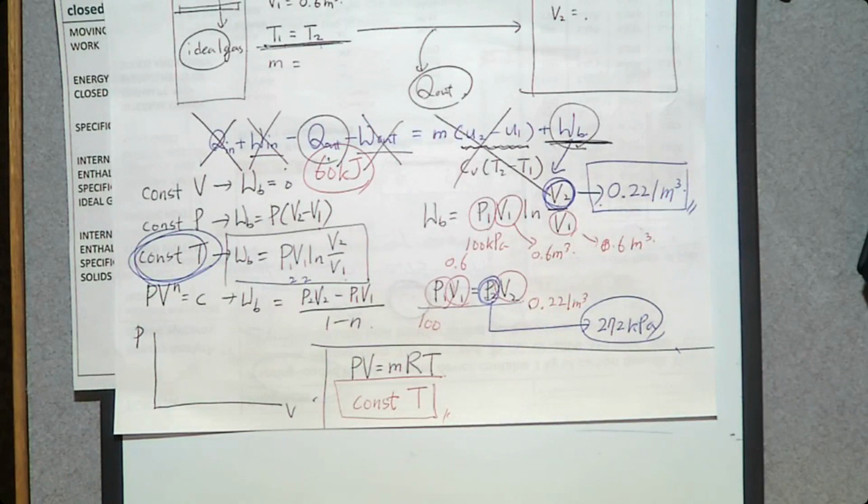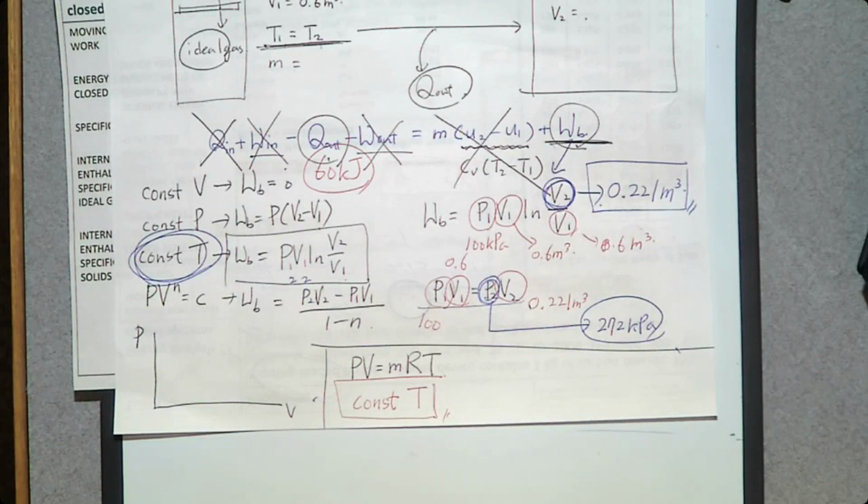When everything is closed? No. What makes a closed system? Mass is constant. So this m is constant. What is R? Gas constant. Is it a constant or variable? Very silly question. The name is constant, right? So mass is constant, R is constant. What about this T?